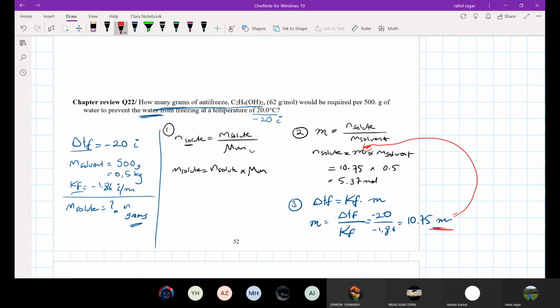Mole. We found mole. Put it here again. Now this one is equal to, what is the mole here? 5.37 times, what is the molar mass? 62 grams per mole. It is equal to 333.33 grams.